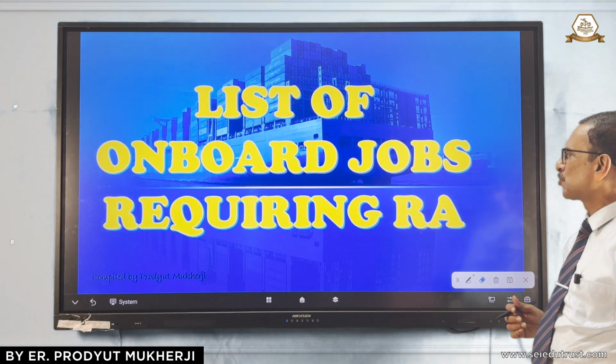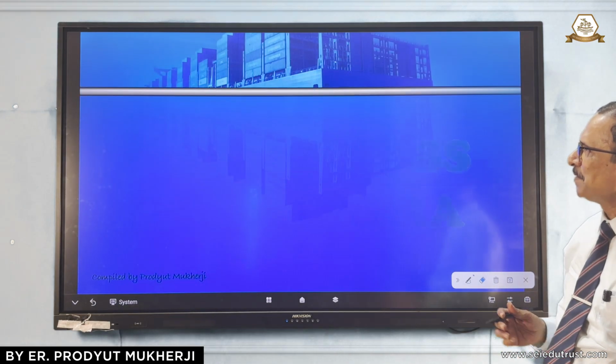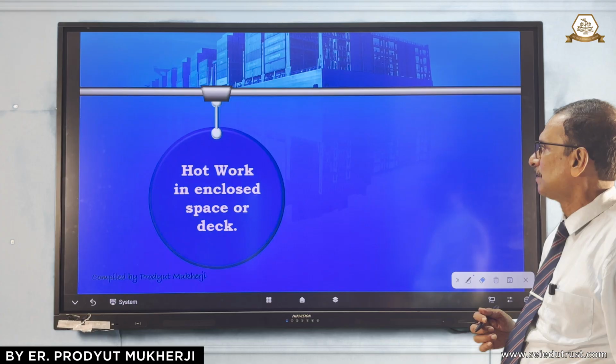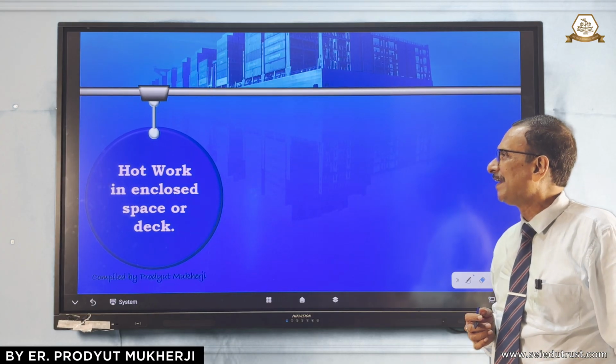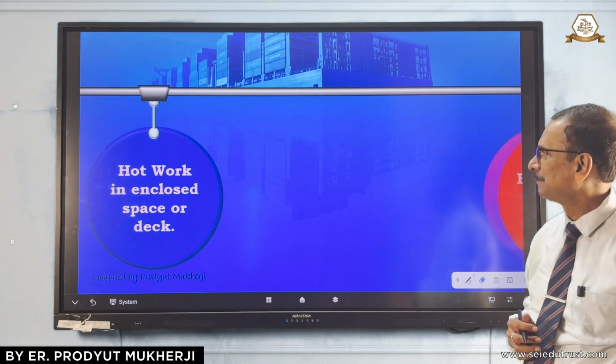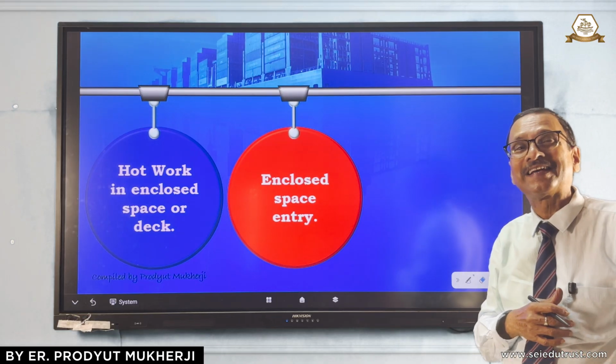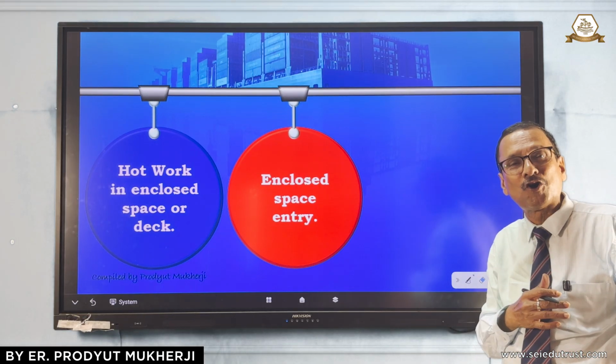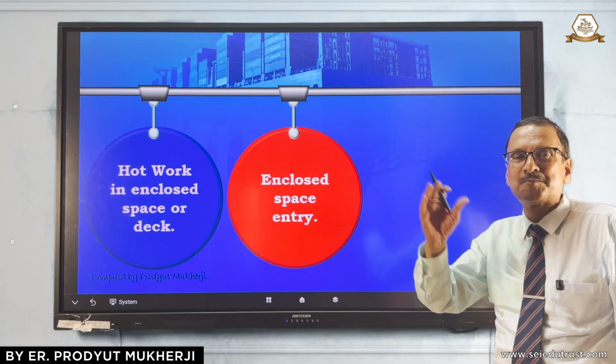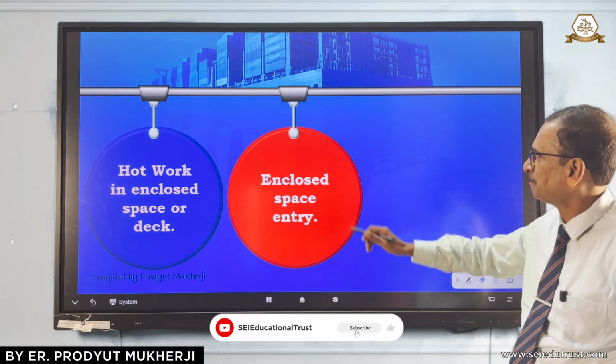List of onboard jobs requiring risk assessment, just a few. Hot work in enclosed space or deck. This list is not exhaustive. I'm just giving you some examples of shipboard jobs which require risk assessment or risk analysis.